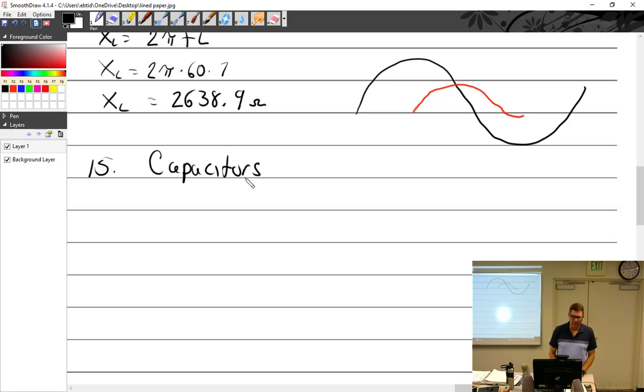Capacitors. A capacitor is a device that stores electricity.